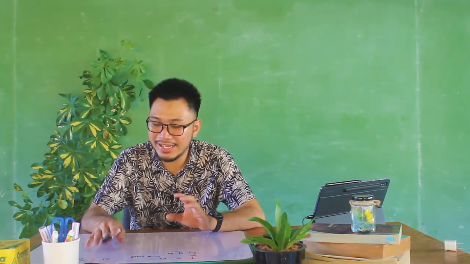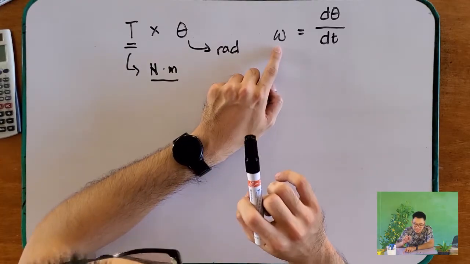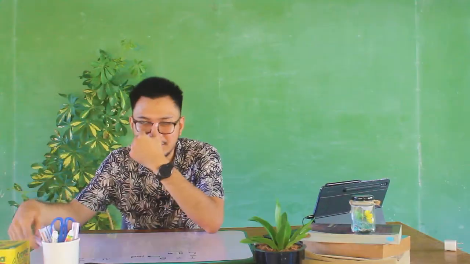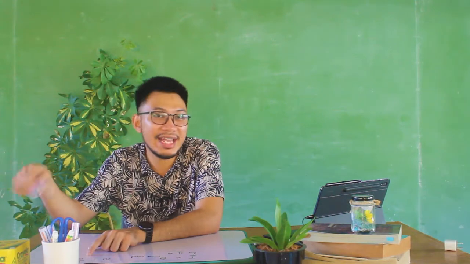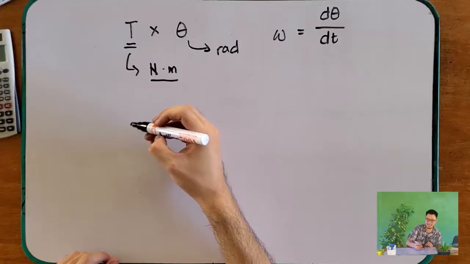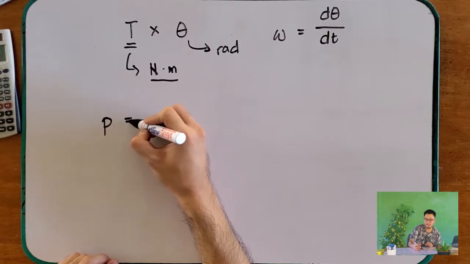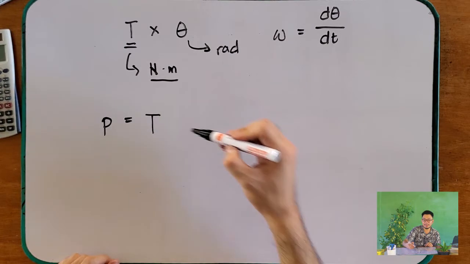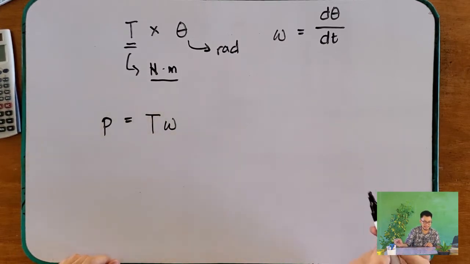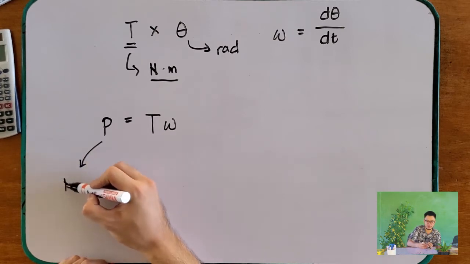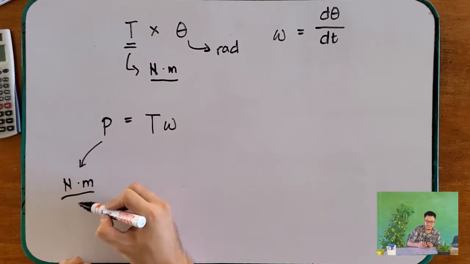But when you say angular velocity, which is omega, it is equal to the rate of angular rotation of your shaft. So therefore, the power is just equal to the torque applied multiplied by the angular velocity. So our power has a unit of Newton meter per second.